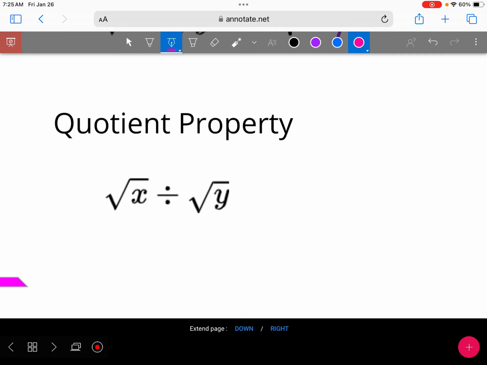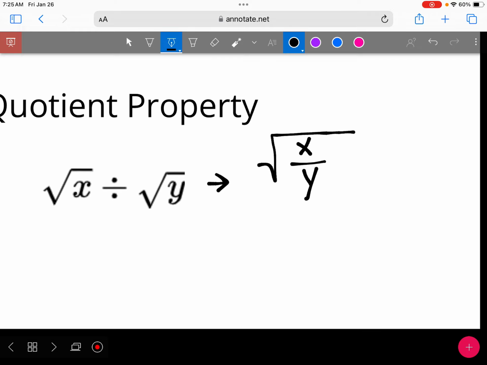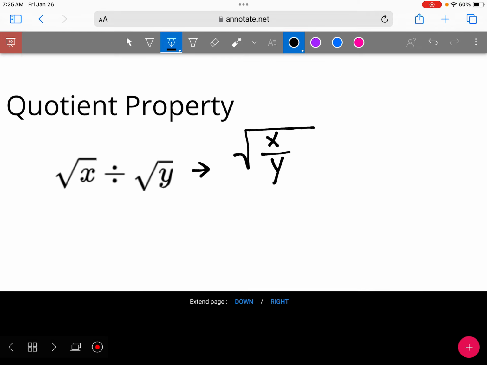And when we have two radicals divided with each other, we can take and divide x and y. Or you can write it as the square root of x over the square root of y. Those all mean the same thing.